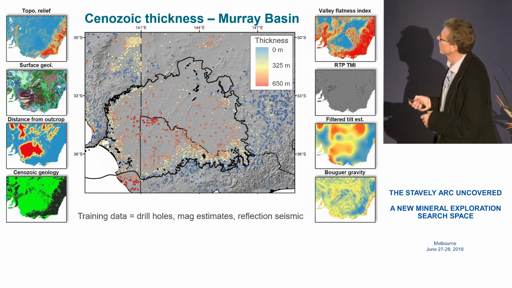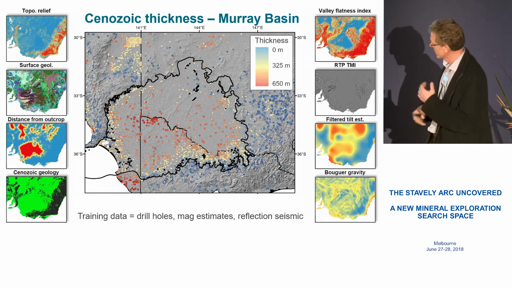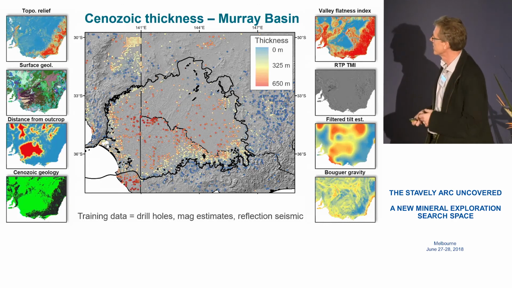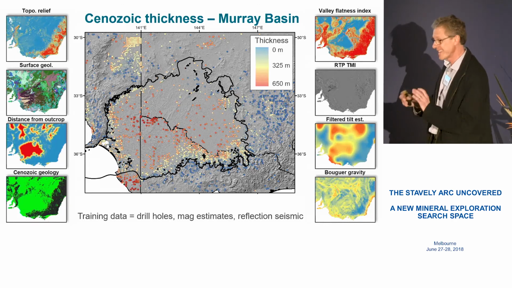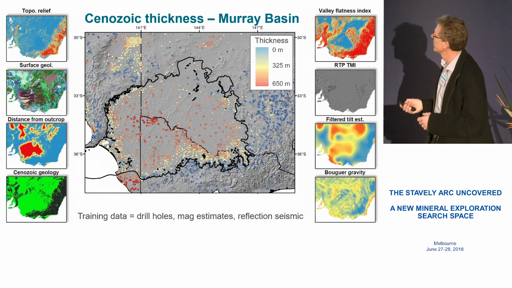And the idea is that all these grids have some sort of depth information within them, but this whole machine learning process will tease out what that information is and then predict what's happening between your control points, between your drilling in this case.